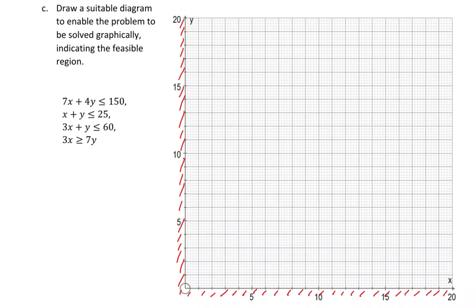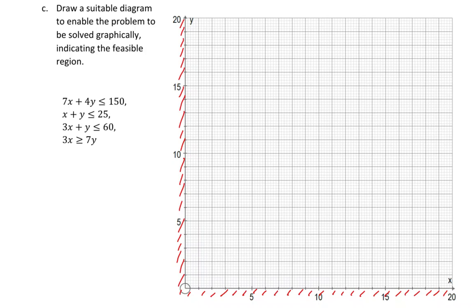Right, well, let's go for this 7x plus 4y is less than or equal to 150 first. We're going to try and draw that on. Okay, so let's think. What could I use? Well, sometimes these can be quite difficult to draw, as you well know.